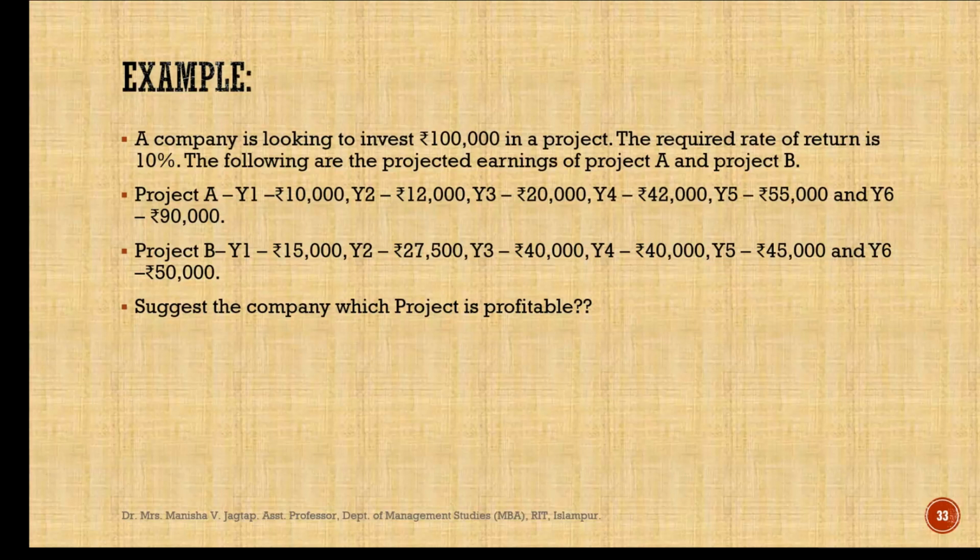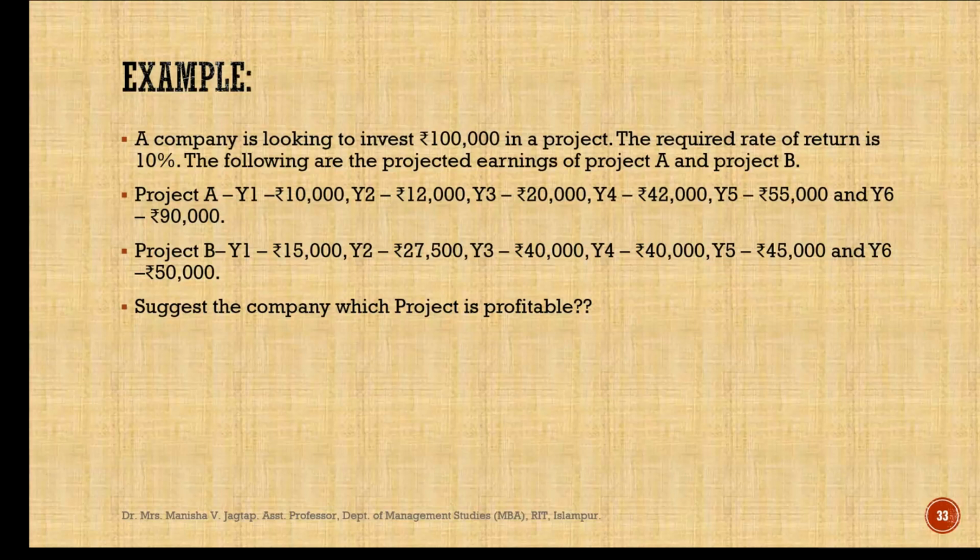So here you can see project A, year 1 cash inflow is rupees 10,000, year 2 cash inflow is rupees 12,000, for year 3 it is 20,000, year 4 rupees 42,000, year 5 rupees 55,000, and year 6 it is rupees 90,000.